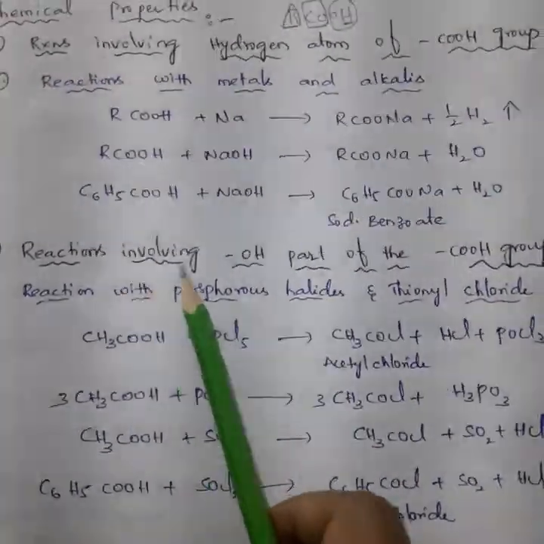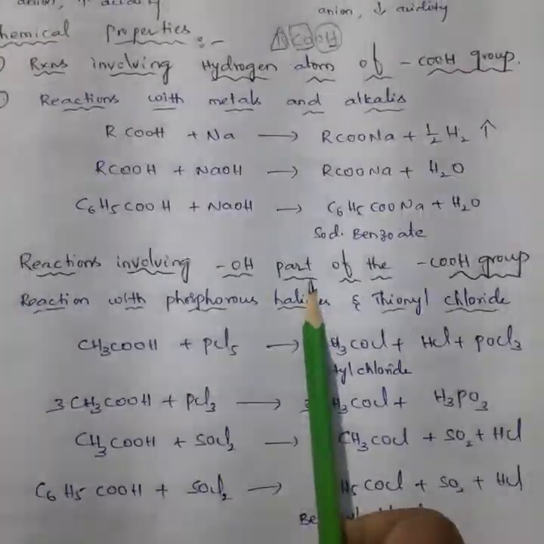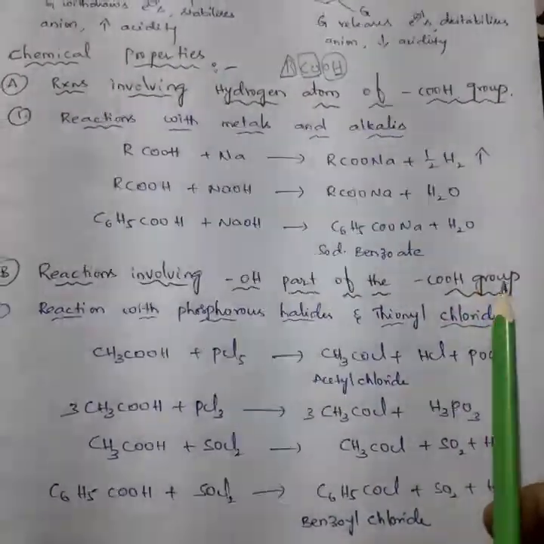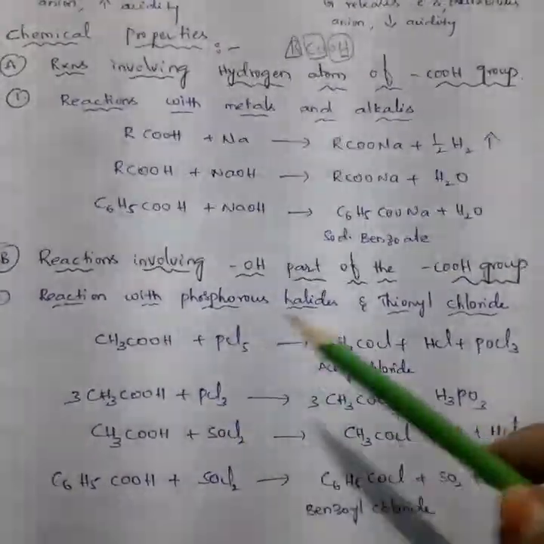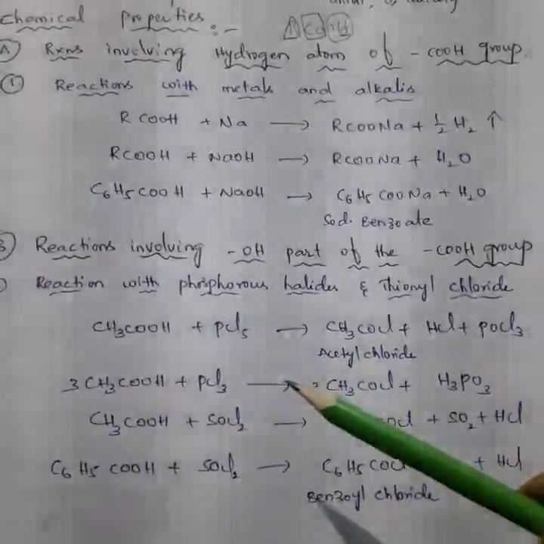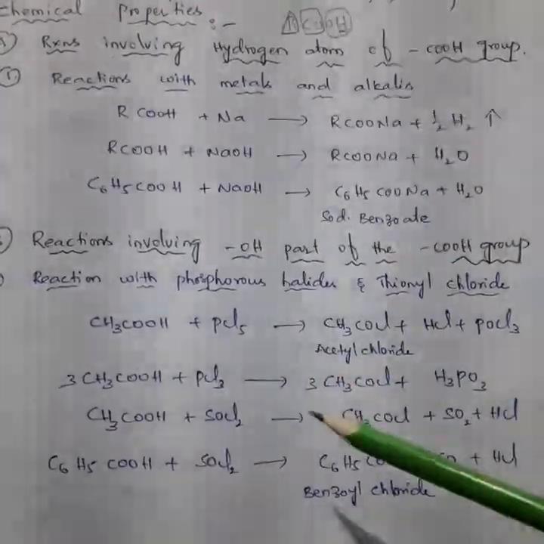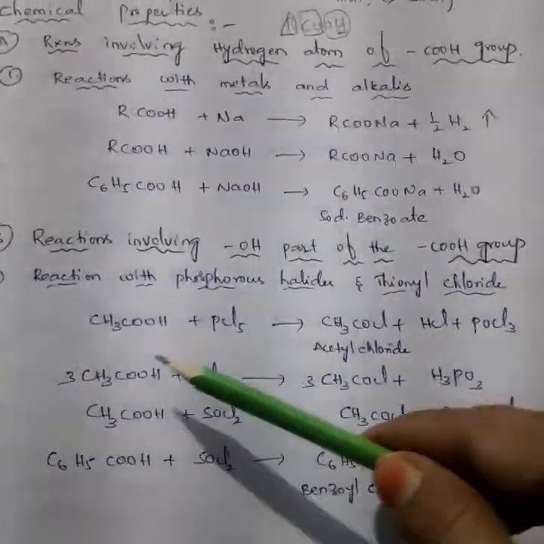And next one is reactions which involve the OH part of the COOH group. So the OH part, which is a very important reaction. I think you already studied this reaction in your intermediate level also.